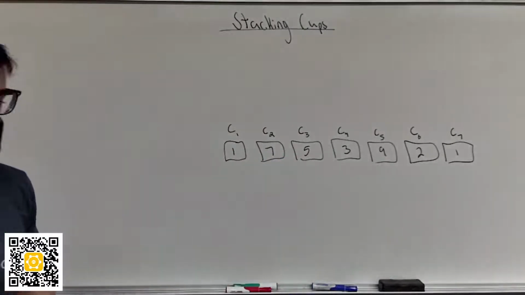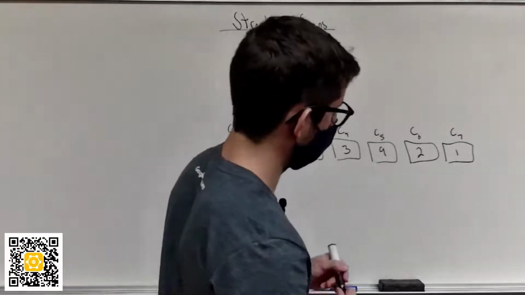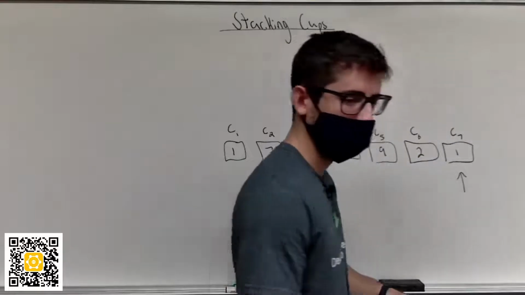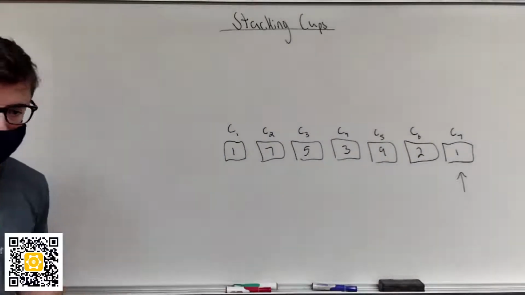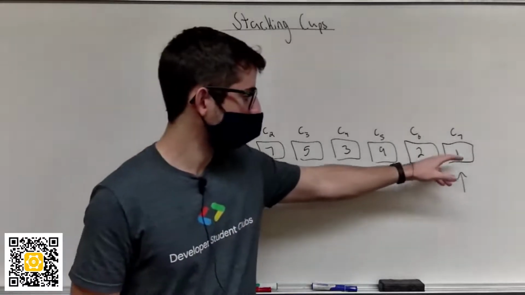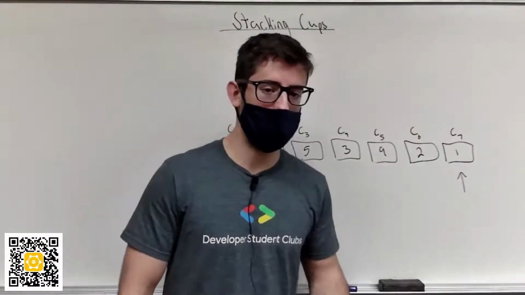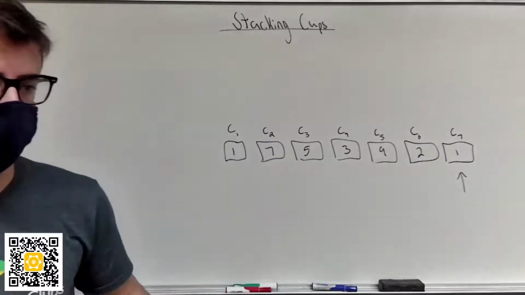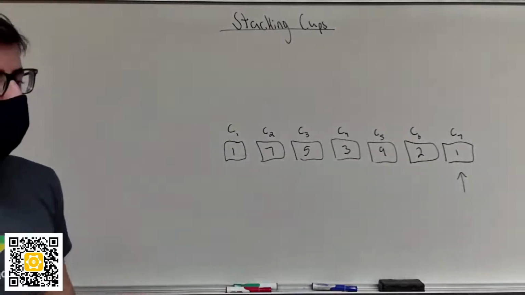So we're going to start our recursive function by looking at the last one in our list. And this last one, let's already consider that this is part of our solution. So far, we have a maximum of 1 stackable cup.